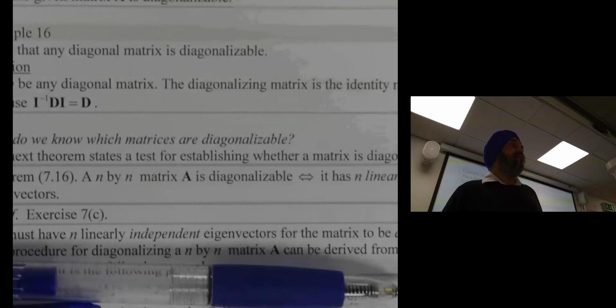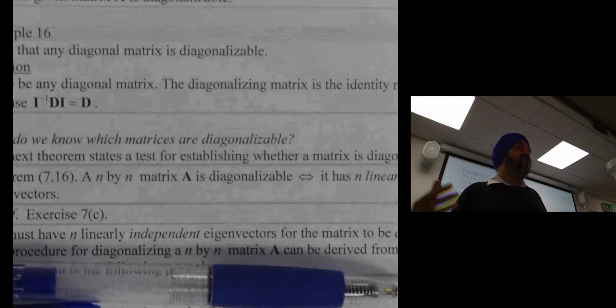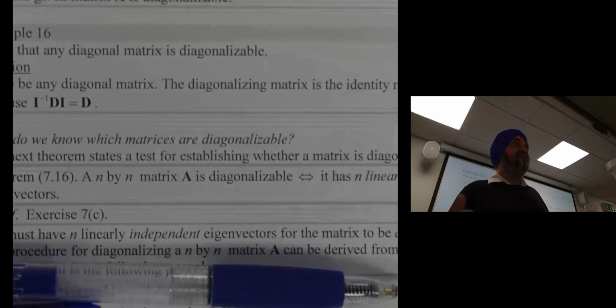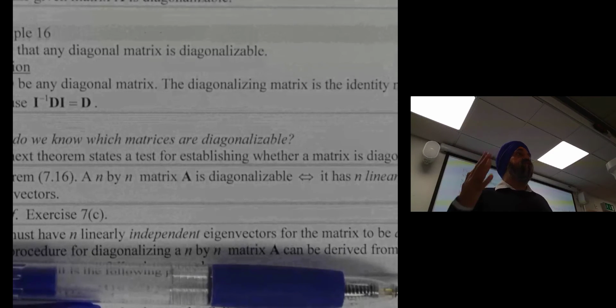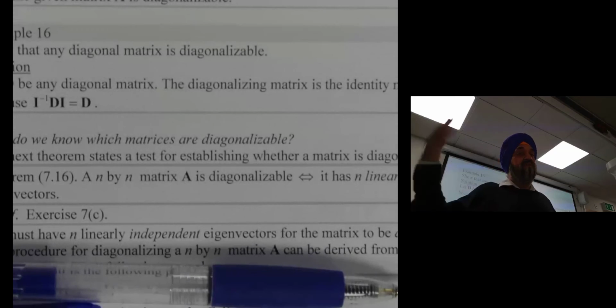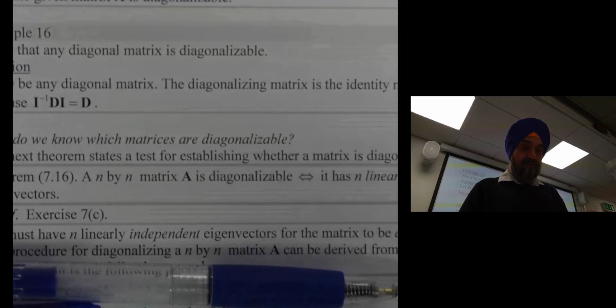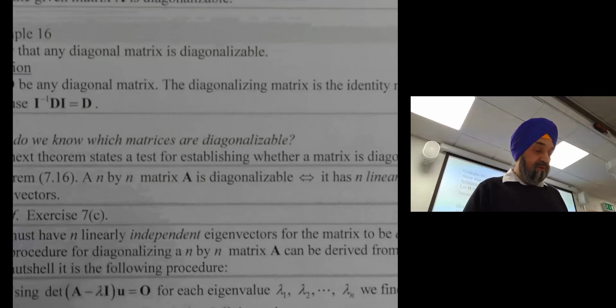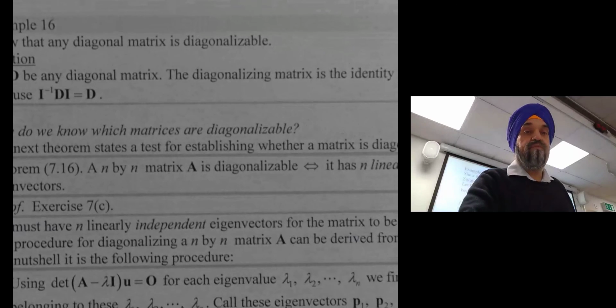If you haven't, you can't. So there's no point going blindly on autopilot trying to diagonalize a matrix when you might not be able to. For a 4 by 4 matrix, you've got to make sure you've got 4 linearly independent eigenvectors. I'll tell you how you do this when we meet on Tuesday. Any questions?